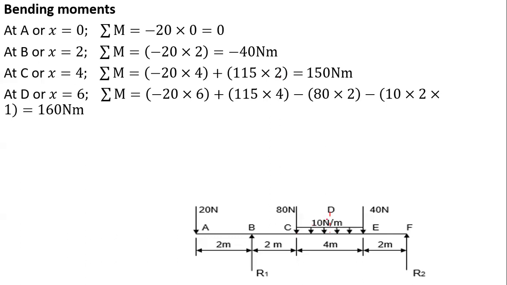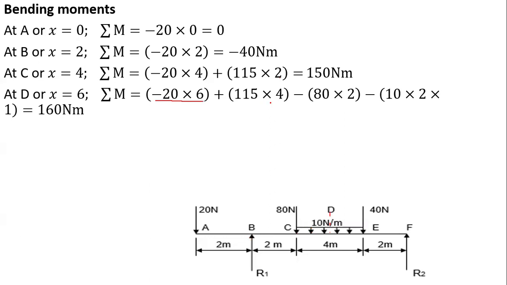I'm at point D. The distance from where 20 is to D is 2 plus 2, which is 4, so half of 4 is 2. That's where you can see negative 20 multiplied by 6. If I go to R1, it is 115 by this distance, 4, which is 2 plus 2 there.